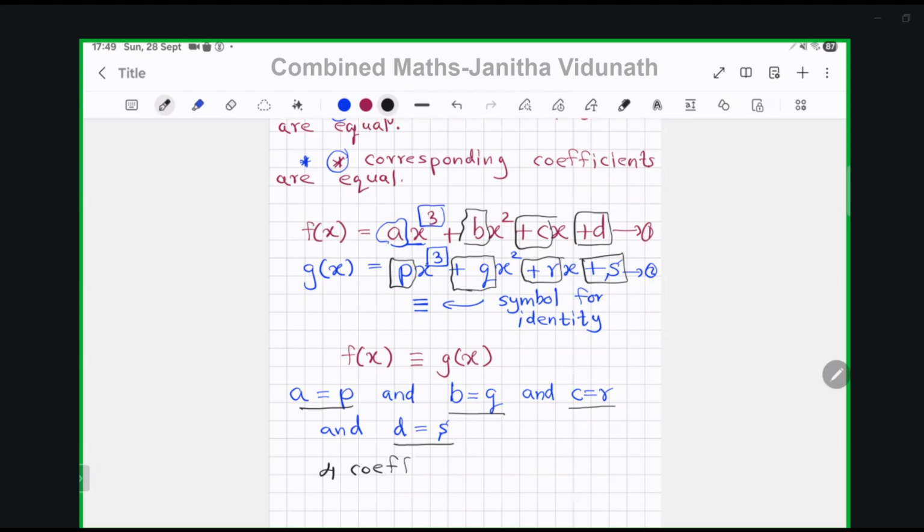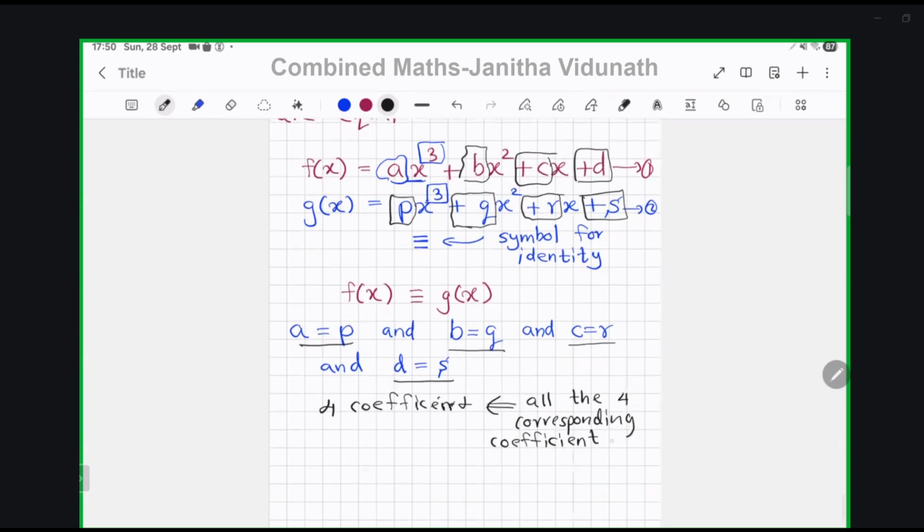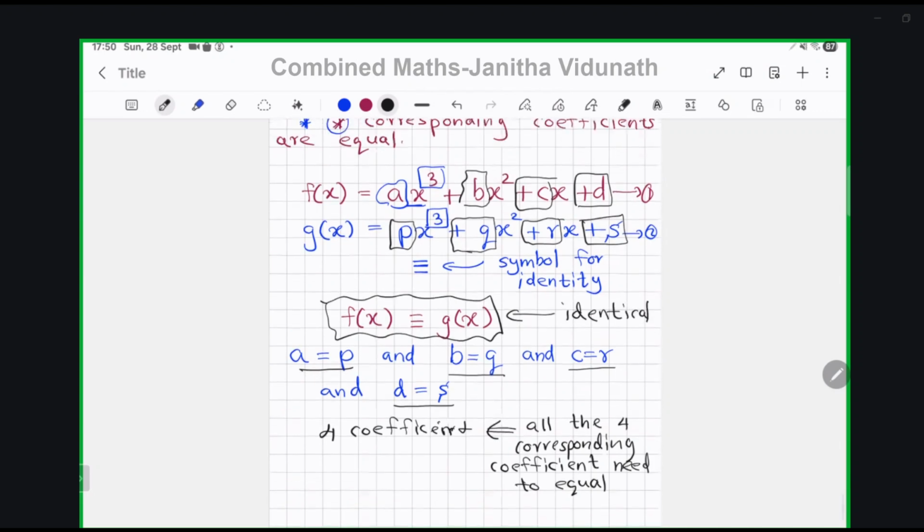If we have four coefficients, then all four corresponding coefficients need to be equal for both polynomials to become identical. If these two are identical, all the corresponding coefficients should be equal to each other.